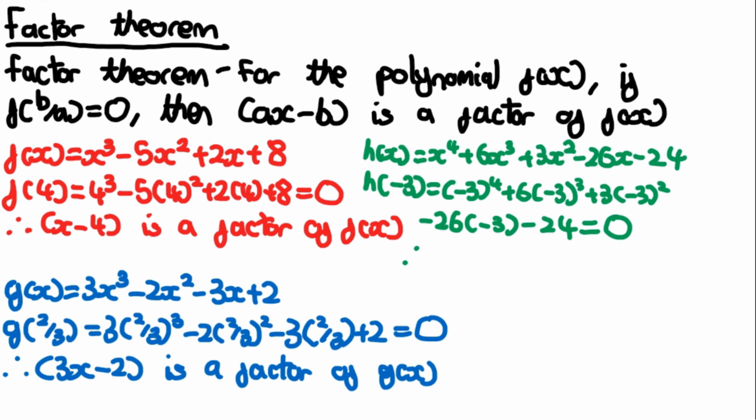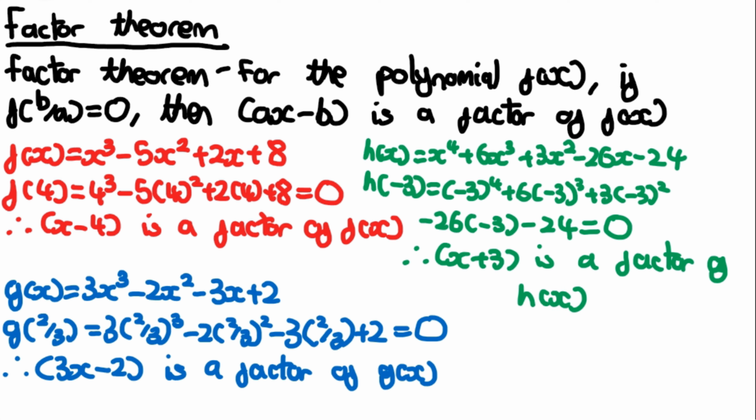So therefore, x plus 3 is a factor of h of x. It is going to be plus 3 this time because b is equal to minus 3, so therefore there's a minus here as well, so the sign is going to be flipped this time and it's going to be a plus.